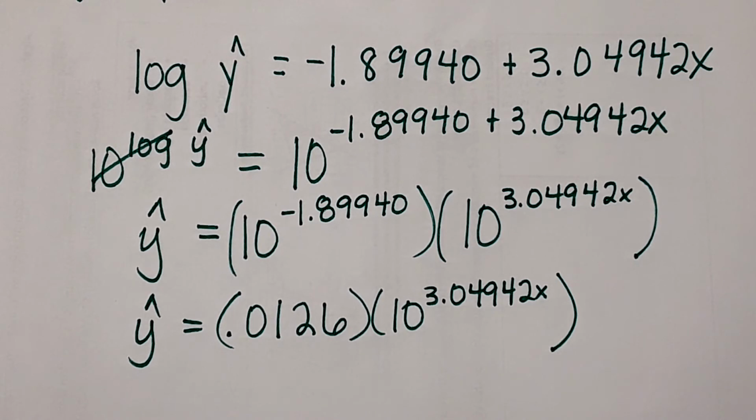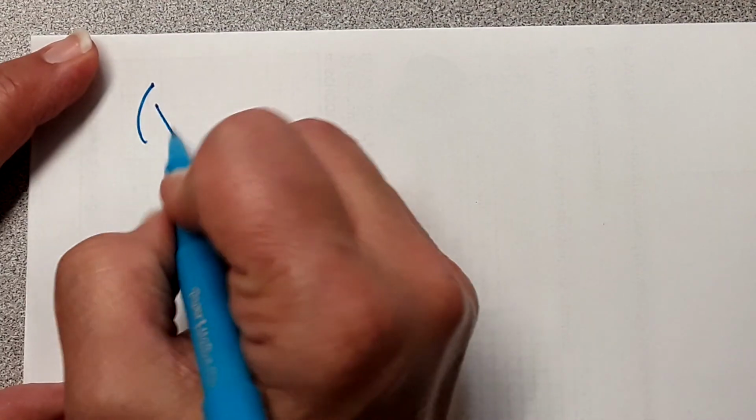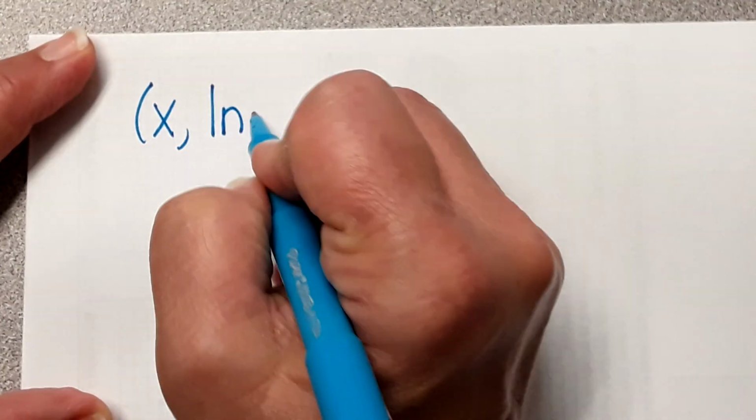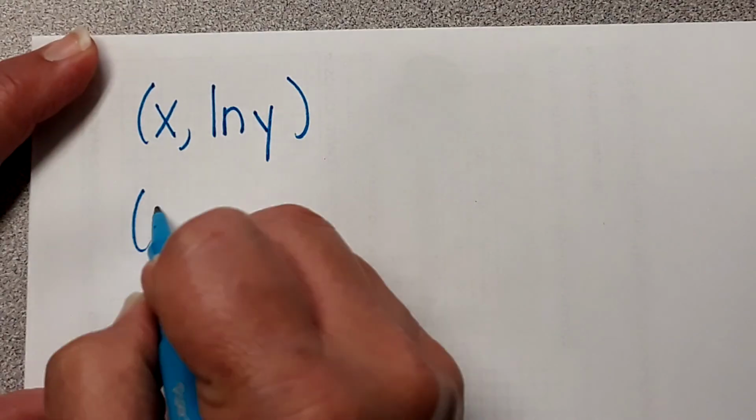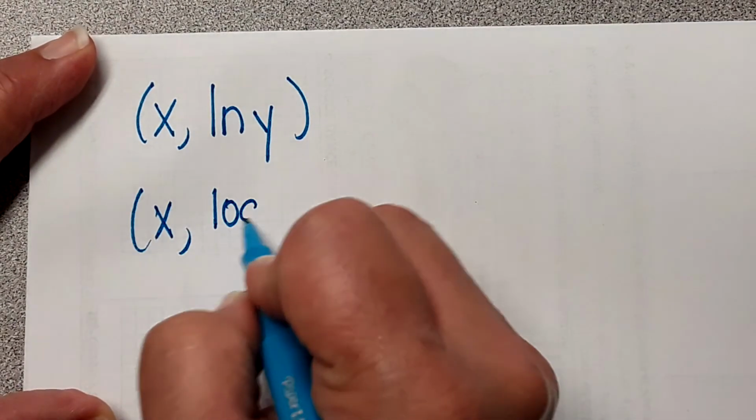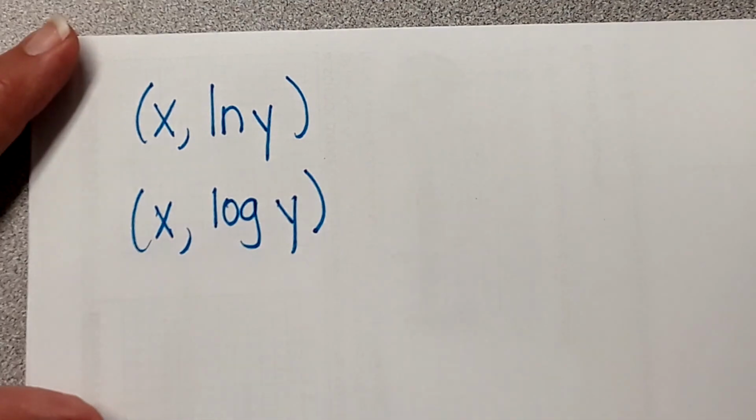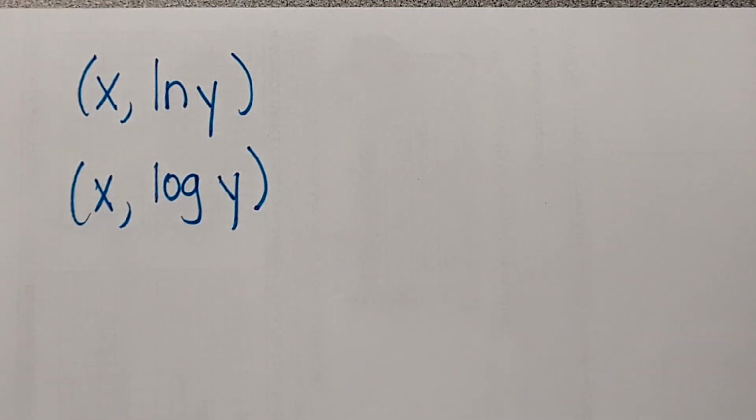Okay. So let's make sure we know what you're supposed to take away. If you see something like that, that means it was an exponential model.